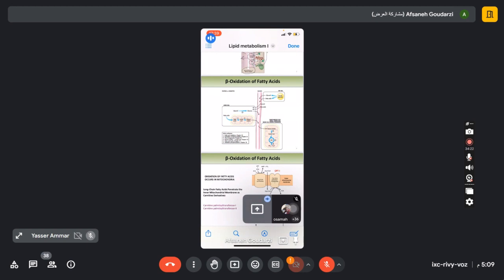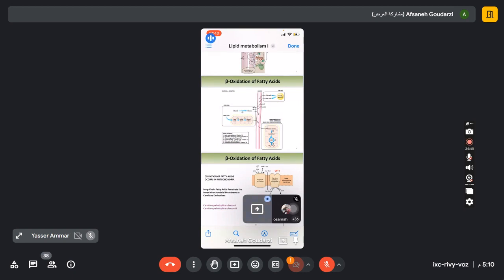These are absorbed from the intestine and are now in the circulation. They are delivered to the liver, and the liver distributes this lipid.